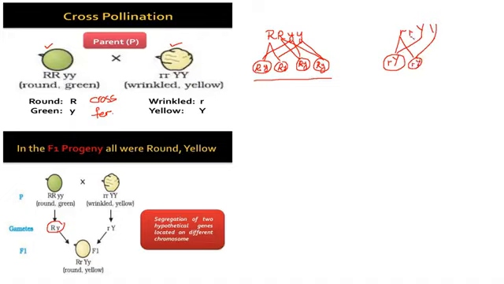They all are wrinkle and yellow, wrinkle and yellow, and here also wrinkle and yellow. So we know that meiosis is a division that takes place in reproductive cells. In that process, four gametes are formed. So you can say that these all are eggs or these are sperm.